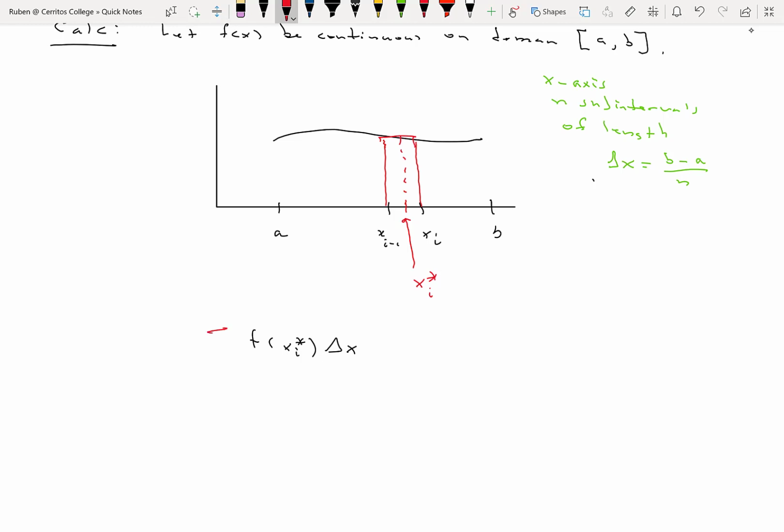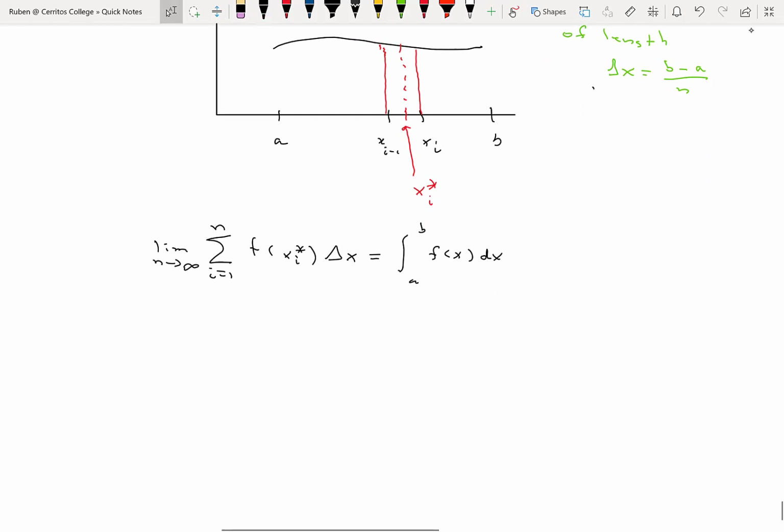Then I took the sum of all those quantities as i ranged from the first subinterval to the nth subinterval. Then I took the limit as the number of subintervals goes to infinity. That's the definition of the integral from a to b of f of x dx. And I got a couple of interpretations along with that.